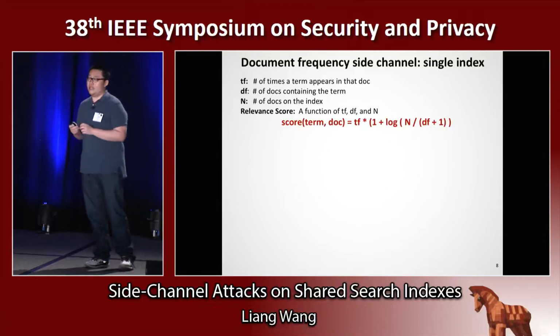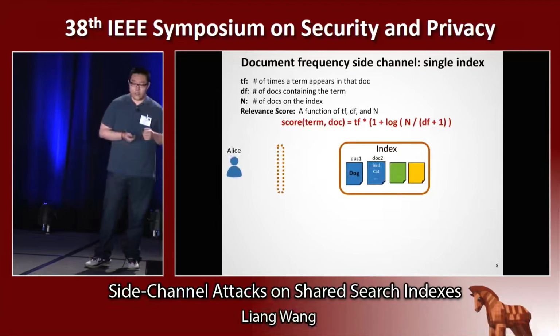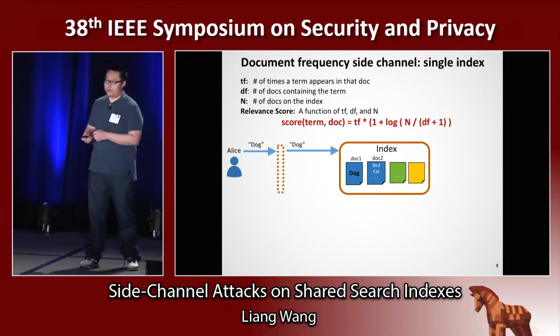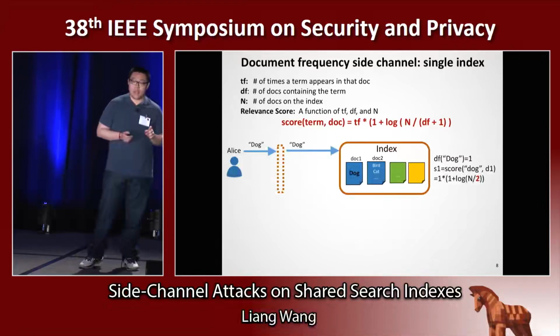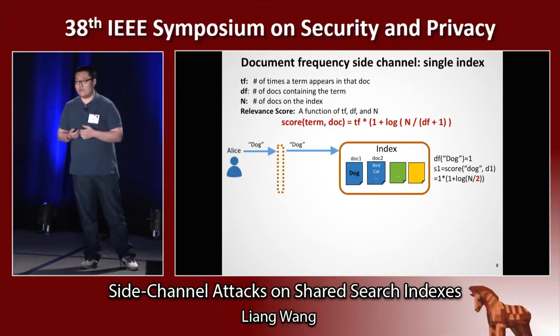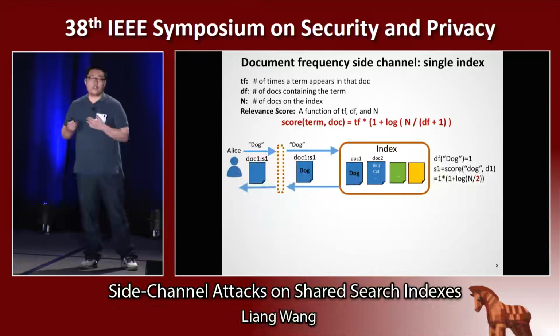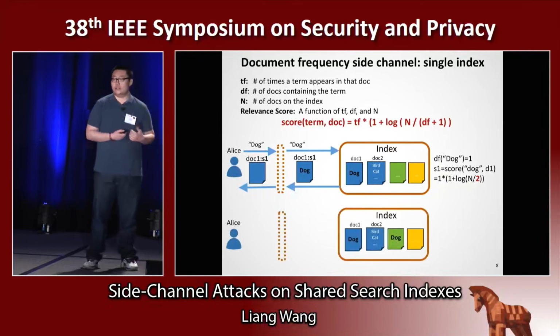This results in a simple side channel. So how does it work? Say Alex searched for a keyword dog, and only her document, doc1, contains this keyword. Then Alex will see the relevance score of doc1 as S1. And some other users have updated their documents, so their documents also contain this term.